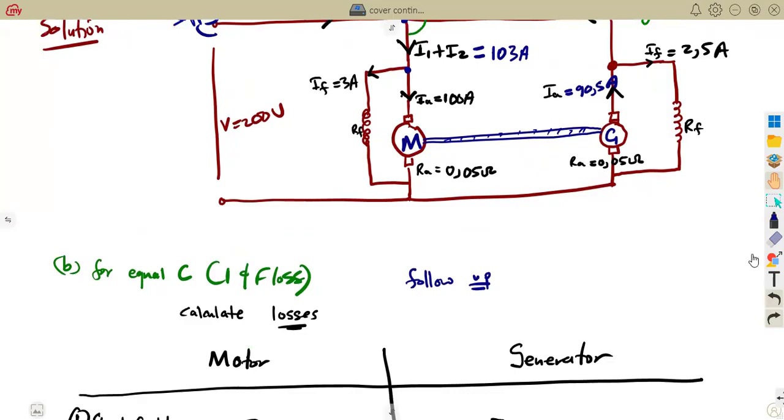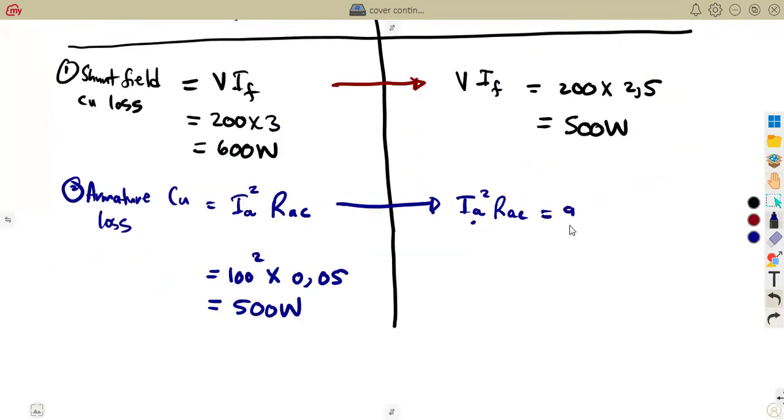So that's 90,5 squared, that's current squared, remember, times the resistance of the armature, 0.05. To 3 decimal places, it was going to be 409,513. So it went to 3 decimal places, guys. All right, so that's it.